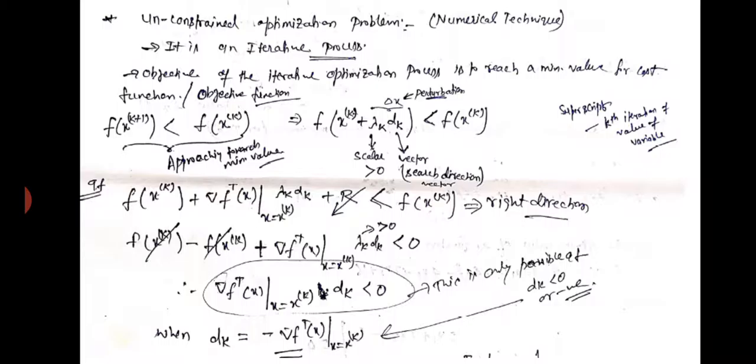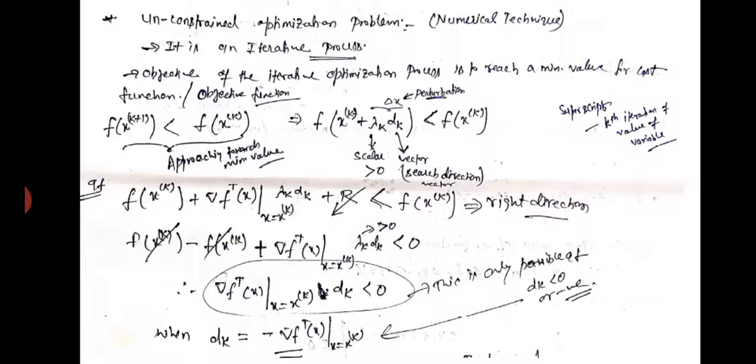So for that purpose, what is our objective? Basically, our objective in the iterative optimization process is to reach a minimum value for the cost function or objective function. For that objective function, our target is to arrive at a minimum value for the next iteration.